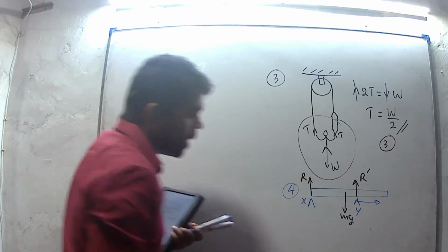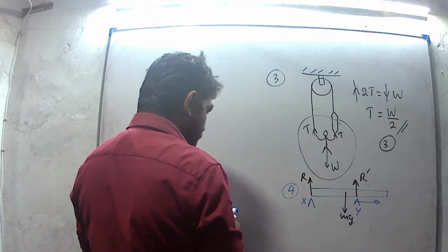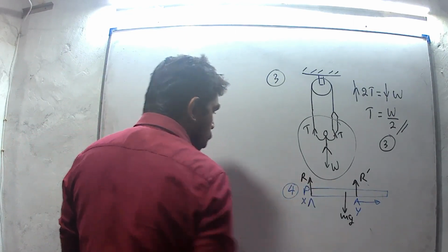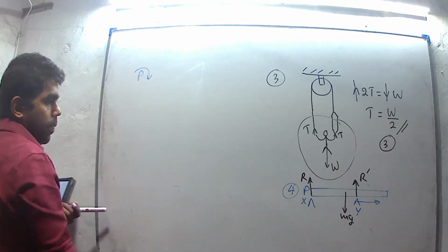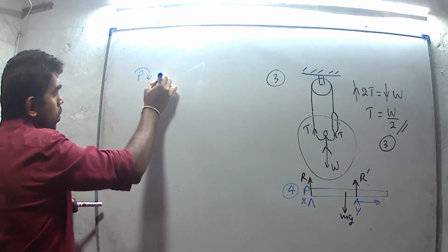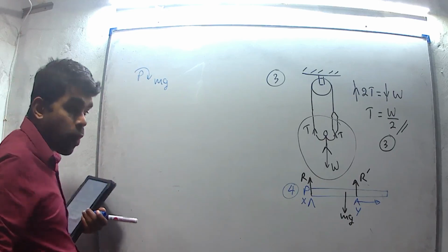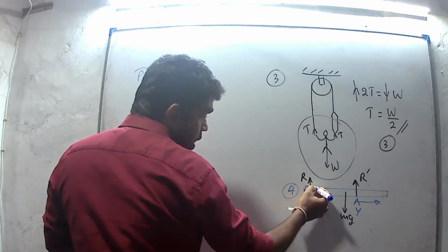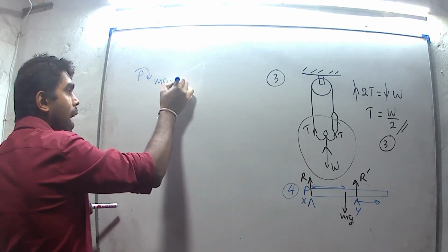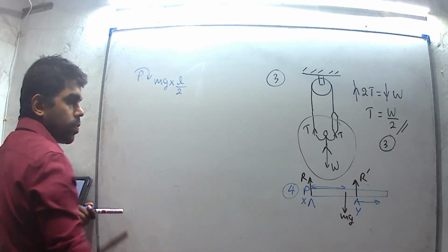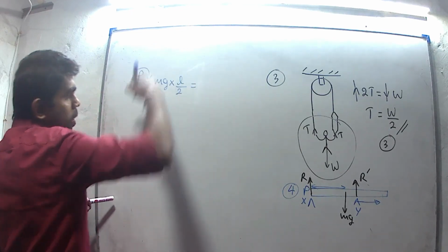I will consider the end point P and I will get torque around P. We can write torque around P: mg into, if this rod is a uniform one, mg is acting at the midpoint. It means if the length of the rod is L, we can multiply by L over 2. Perpendicular distance should be L over 2.